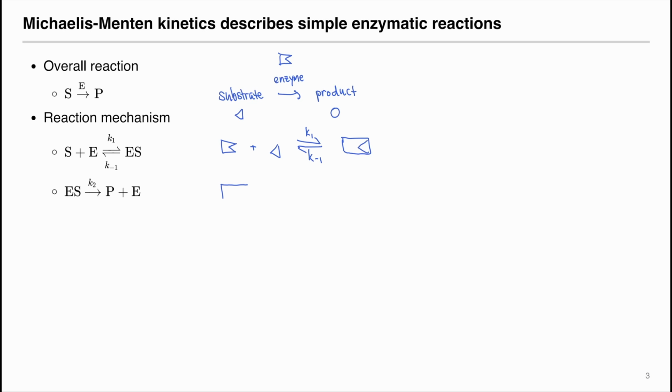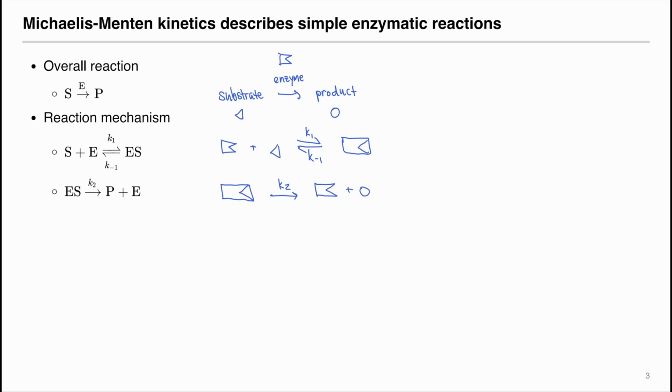And the enzyme-substrate complex will irreversibly form, through a rate of k2, the product plus enzyme. If we do some canceling on both sides of the reaction, we'll see that the enzyme cancels out and the enzyme complex cancels out, and we're left with substrate going to the product. And therefore, this reaction mechanism could describe the overall reaction.